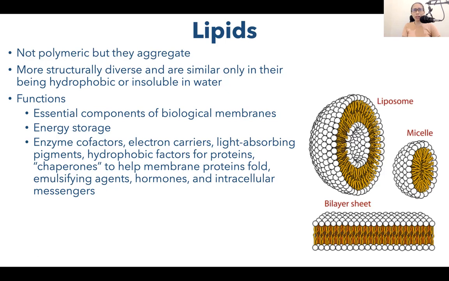Tapos yung amino acid natin, meron kang central carbon, meron siyang side chain, may amino, may carboxyl functional groups. Si nucleotides, repeating lang siya ng sugar, nitrogenous base, phosphate. Tapos yung carbohydrates natin, repeating monosaccharides lang siya. Now yung lipids, as you will see or probably sa lecture nakita nyo na, mas diverse yung structures nila.